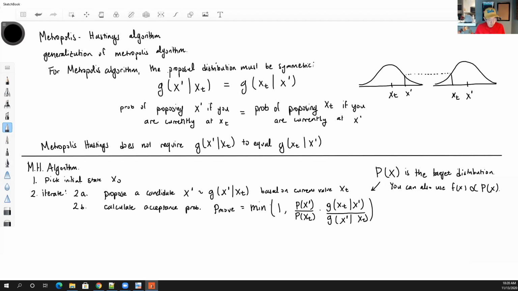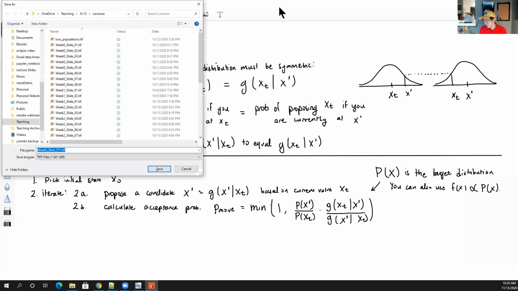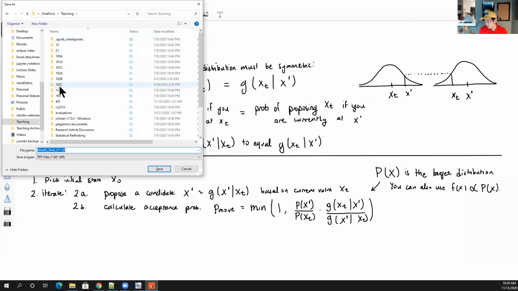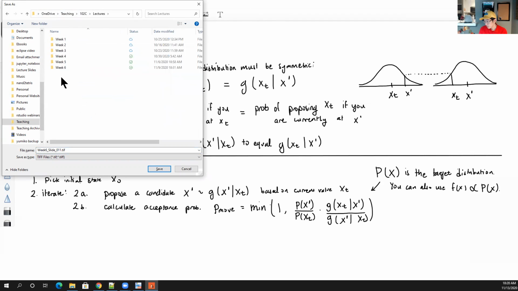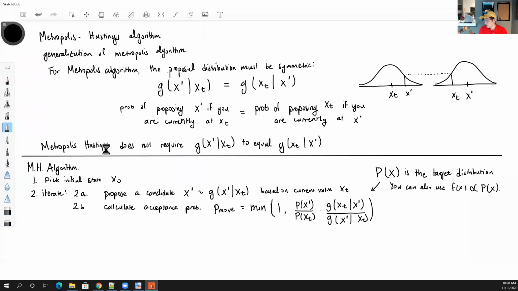So you have the target probability distribution, and if you don't have the actual target probability distribution, p of x, you can use an f of x that is proportional to it. Right. Okay, and then 2c will be accept or reject.